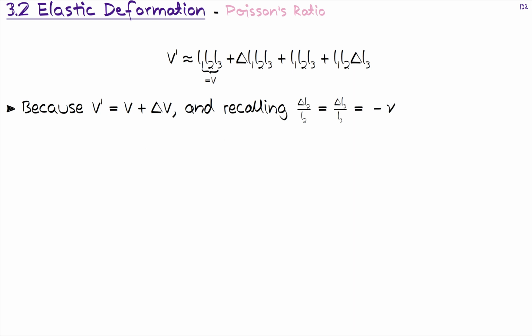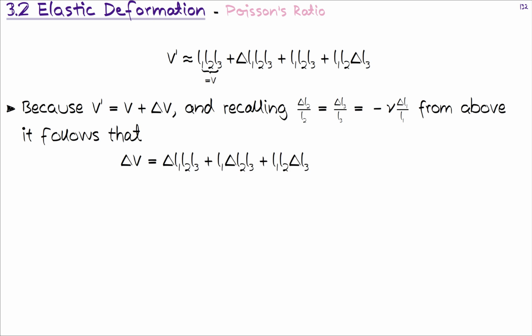We can now use this equation for the Poisson's ratio in the above equation so that we can simplify it. So essentially we have the delta V terms that we are now looking into, and we are using this equation to rewrite these terms slightly differently so that we can write this change in the volume of the object using Poisson's ratio nu.